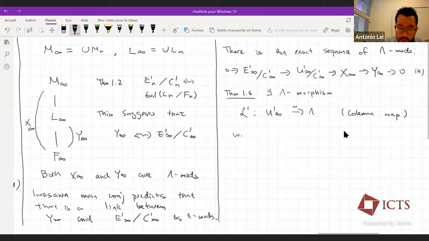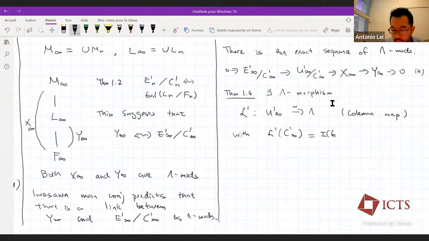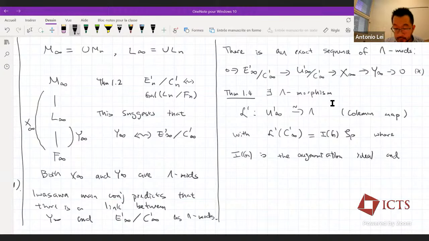And it turns out that when you apply this to these cyclotomic units, you would get the following, where I_G is some augmentation ideal and zeta_p is the Kubota-Leopoldt p-adic zeta function.